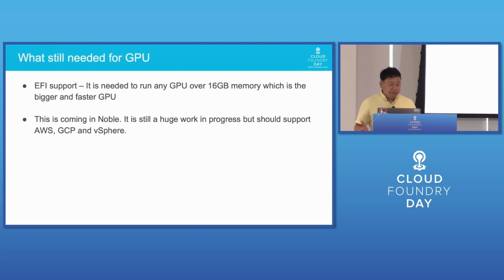This is a huge work in progress that I've been trying to get working for Noble, because we're releasing Noble in probably the next 6 months for a stemcell release. I'm trying to add support to AWS and GCP. I don't have any vSphere or Azure expertise, so I haven't spent any time there, but my proof of concept code works for AWS and GCP and vSphere. We just have to fix up Noble to work for everyone.